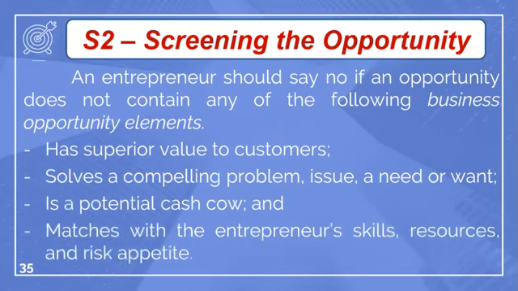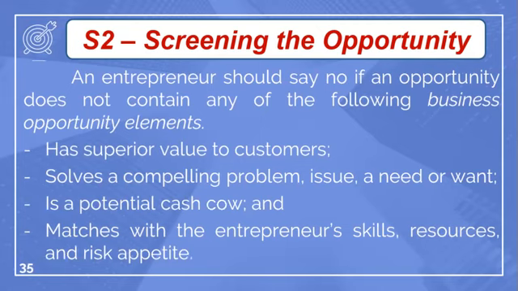And lastly, if it does not match with the entrepreneur skills, resources, and risk appetite, we have also to eliminate it. So if that opportunity that you have identified is not on your field of interest or your passion or your field that you know, you have to eliminate it. Or if you do not have or know resources, or where you can get the resources for that opportunity, you also have to eliminate it.